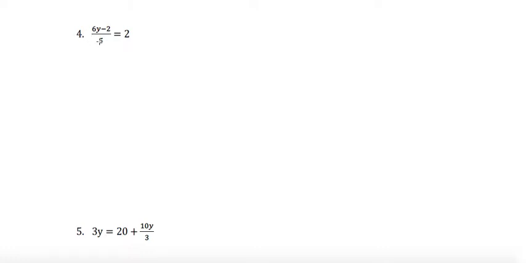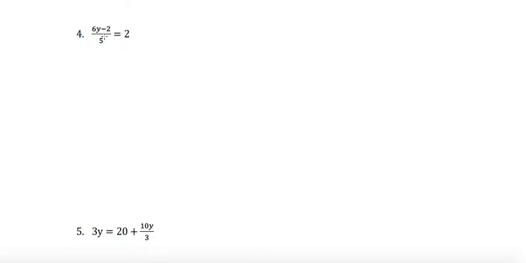So in example number 4, I have 6y minus 2 divided by 5 is equal to 2. The first thing I want to do is this is an easier version of a fraction. We saw a question similar to this, except the numerator was just a single term, in our first lesson when we looked at solving one-step and two-step equations.